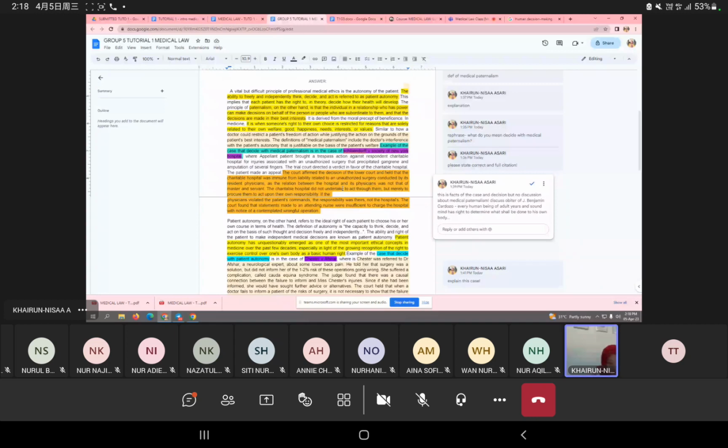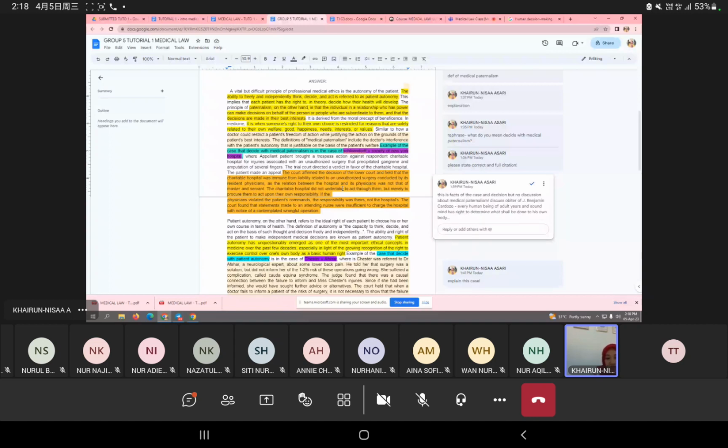I don't really get your point in stating this case. You have to have your own explanation about the case. I understand you wanted to talk about the facts and the decision, but you are supposed to illustrate medical paternalism, so you have to explain in your own words what medical paternalism is. Or perhaps you can discuss the obiter of the judge in this case, Justice Benjamin Cardozo.